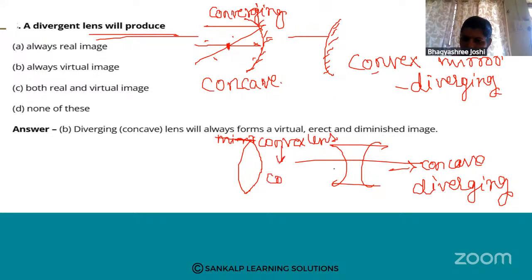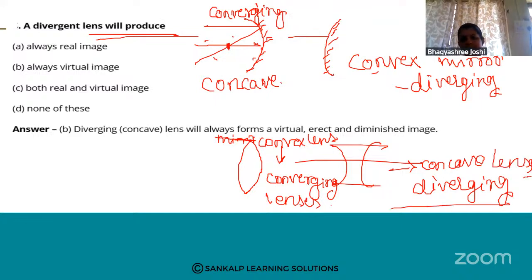Here it is diverging, but here it is converging. Exactly opposite. Okay, remember. Diverging lenses will produce always real image, always virtual image, both real and virtual image, or none of the above. So always virtual image, that is diverging lenses will always form a virtual, erect and diminished image. Okay, remember. So option B is right.